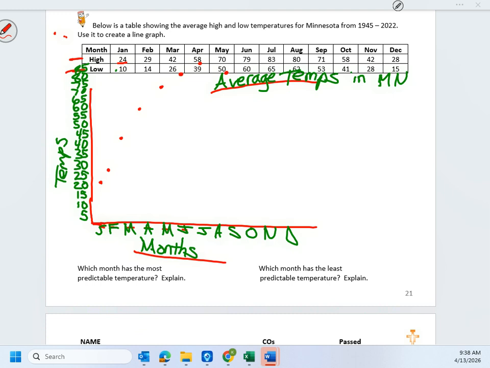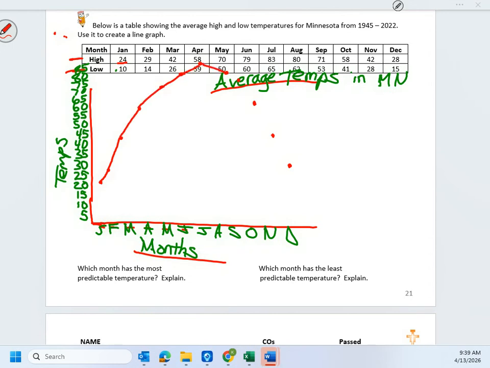September is at 71. October is 58. November is 42. And December is 28. So once you have all of those points in, you can connect those line segments.